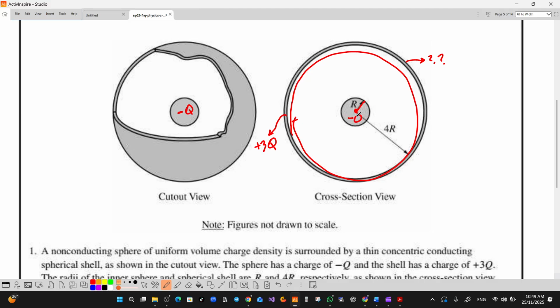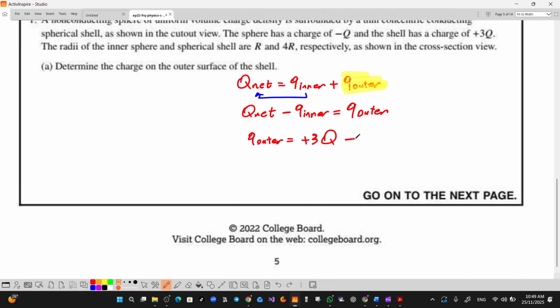So since here we have minus Q, the charge distributed on this face will be plus Q. So the inner surface carries plus Q. And finally, plus 3Q minus Q is equal to 2Q. So the charge carried by the outer face is plus 2Q.